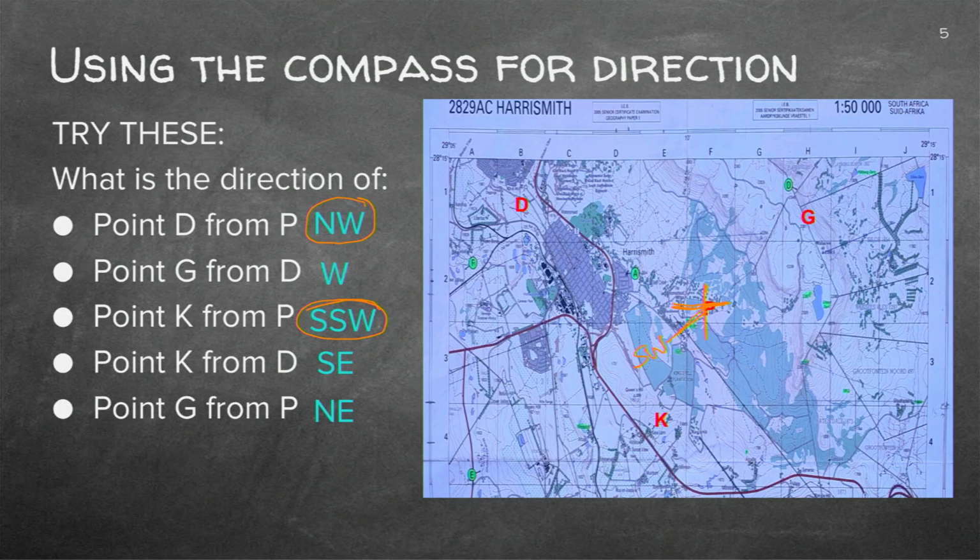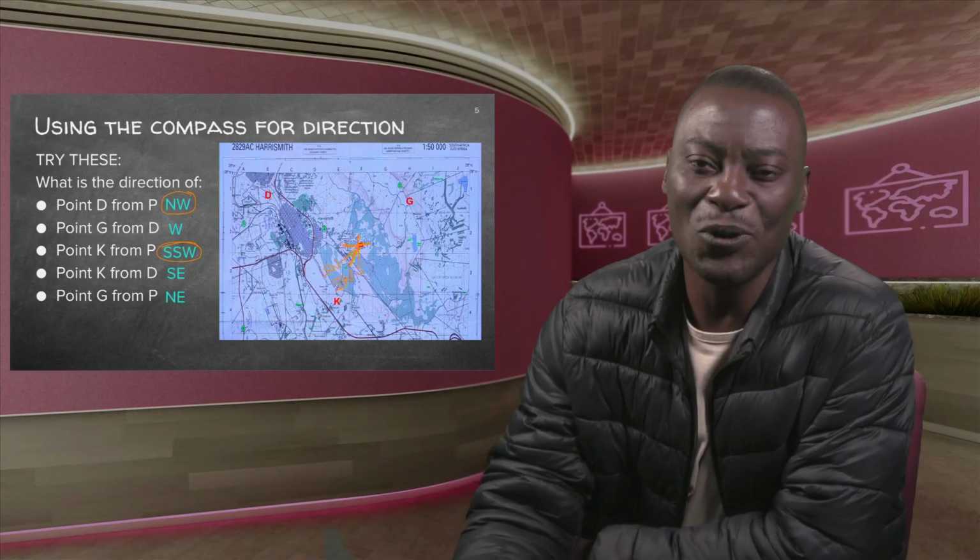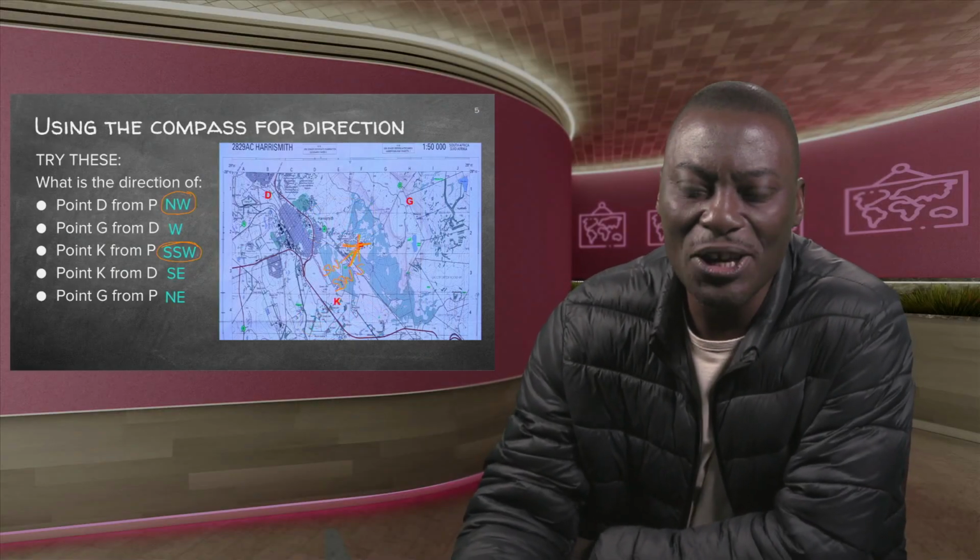So we can say point K is probably midway between southwest and south. So what will be the compass direction of K from P? I see that you agree with me that point K will be south-southwest of point P.